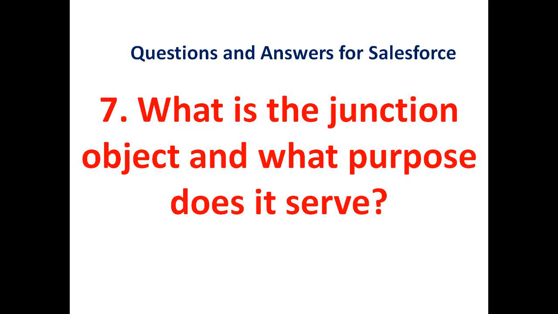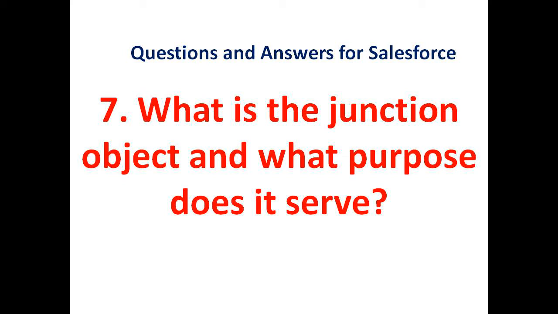Next, what is the junction object and what purpose does it serve? Junction objects are used to build many to many relationships between objects. For example, the user can take a recruiting application where a position for a job can be linked to many candidates, or can take a candidate and link the candidate to many other jobs.